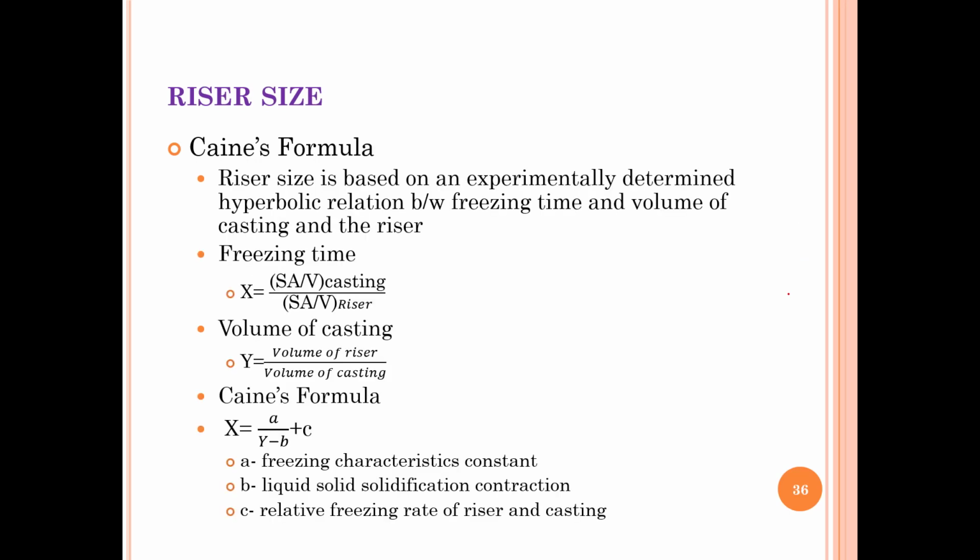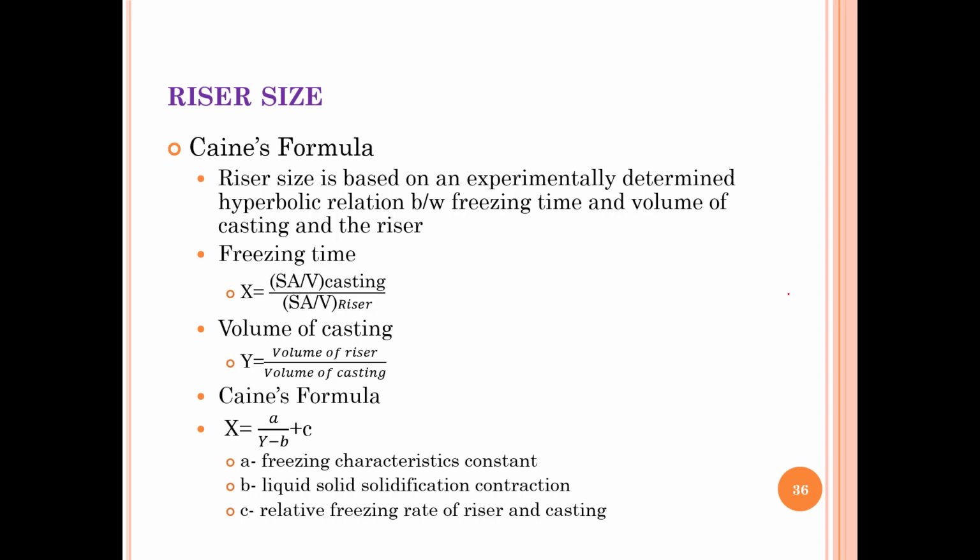Then we have another formula for riser size, Caine's formula. Riser size is based on an experimentally determined hyperbolic relation between freezing time and volume of the casting and the riser. Here freezing time is represented by X. X equals surface area divided by volume of the casting, divided by surface area by volume of the riser.